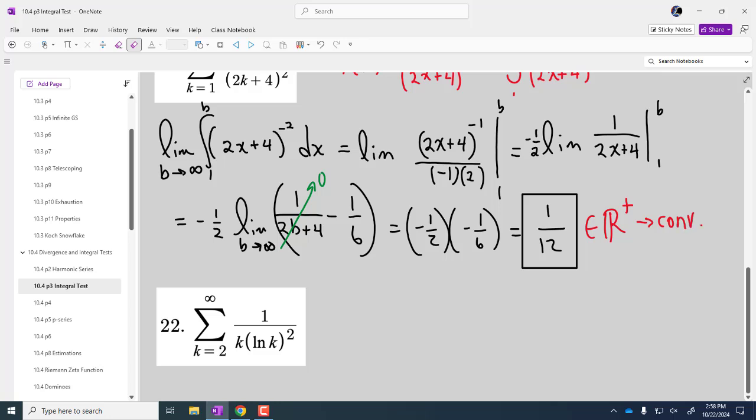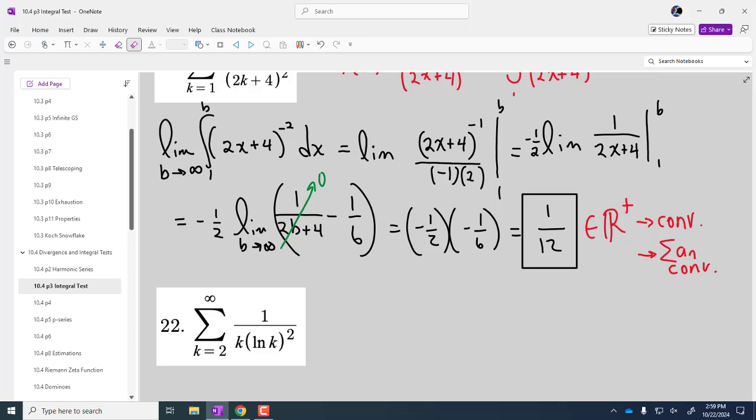So an improper integral, as long as you get a number, it converges, a positive number, because the function is positive. So that converges, and that tells us that the series also converges. So we could just say both converge. Because that's a positive real, the improper integral converges, and if the improper integral converges, then the series converges.